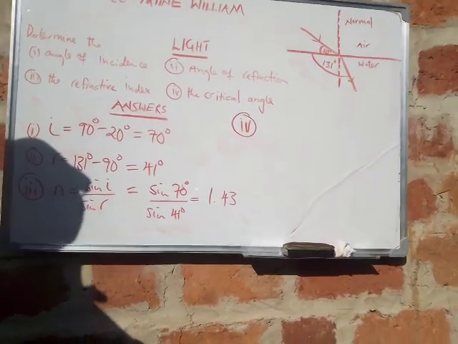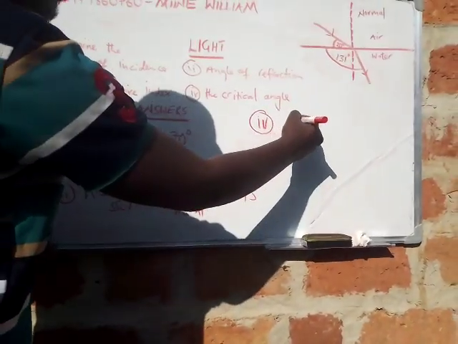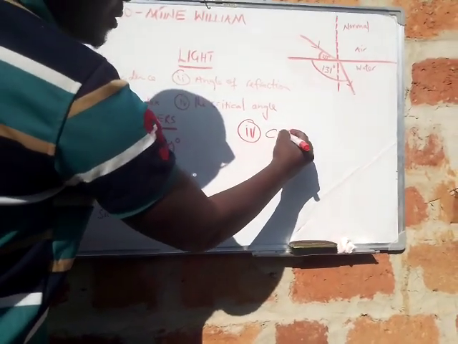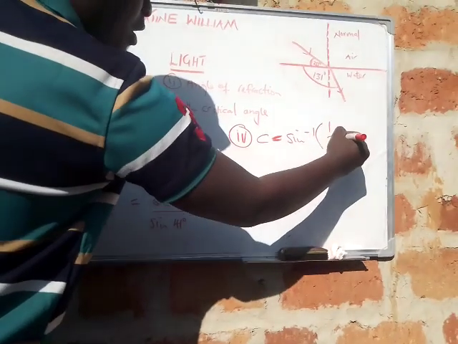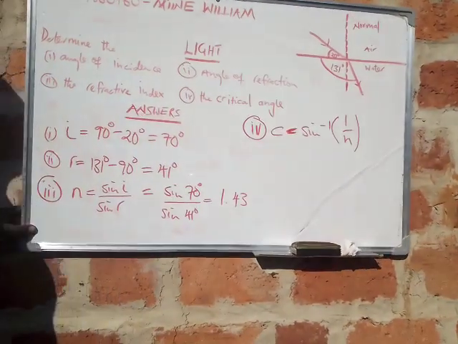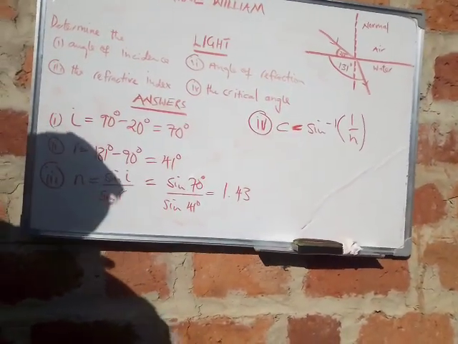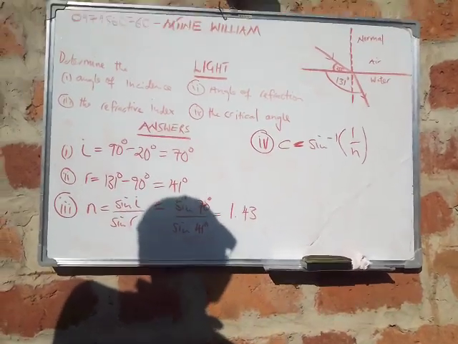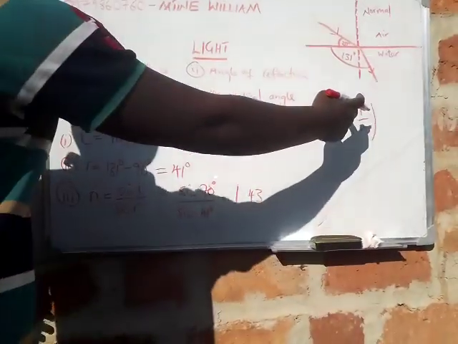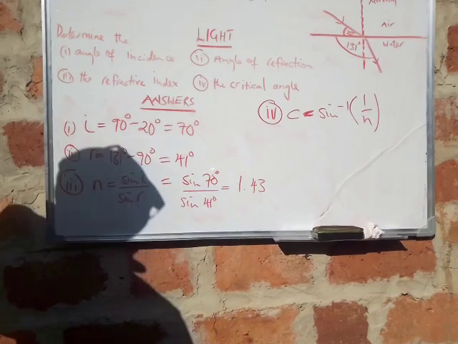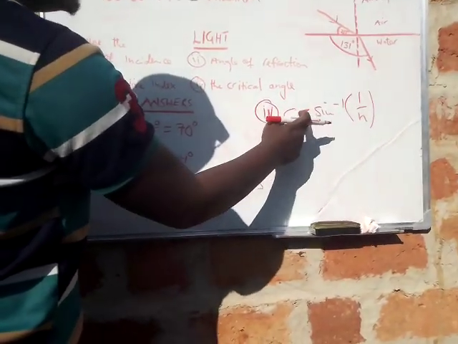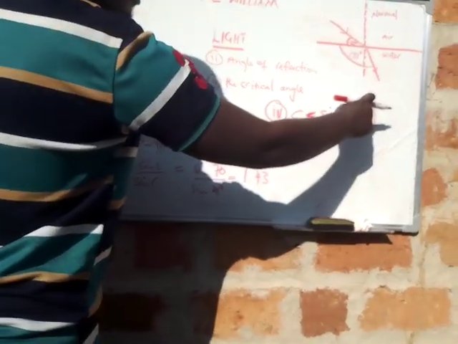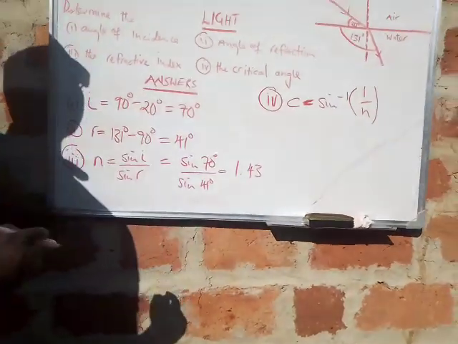Let's do number 4, the last one, the critical angle. How do we find the critical angle? It is very simple. The critical angle is equal to sine inverse of 1 over the refractive index.